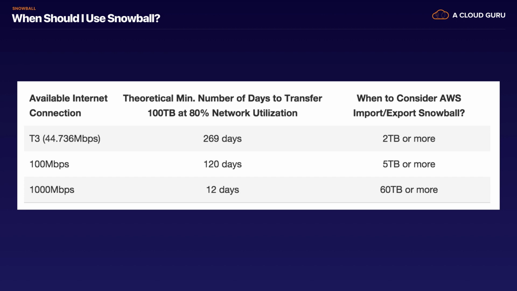If you were going to use AWS Snowball with those three different speeds, over here are the amounts that you should consider using Snowball. 2 terabytes or more for the T3 connection, 5 terabytes or more for 100 megabits per second, and then 60 terabytes or more for 1,000 megabits per second.